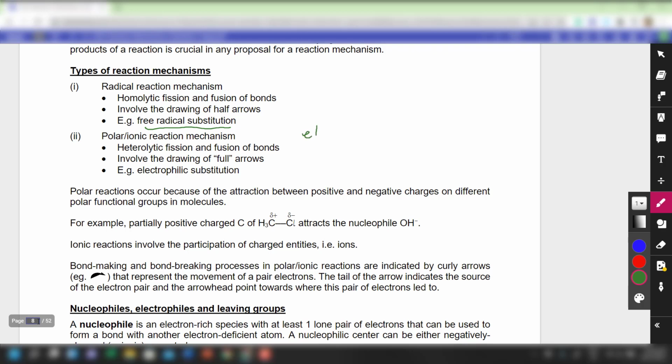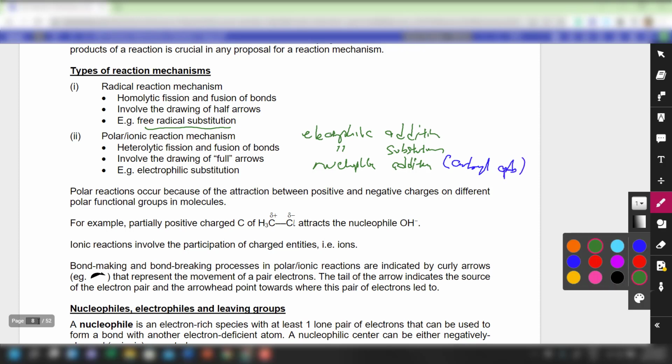What you need to know is electrophilic addition, that is for alkenes, and then electrophilic substitution, that is for arenes. Nucleophilic addition, you probably have not studied that. That is under carbonyl compounds, particularly ketones and aldehydes.